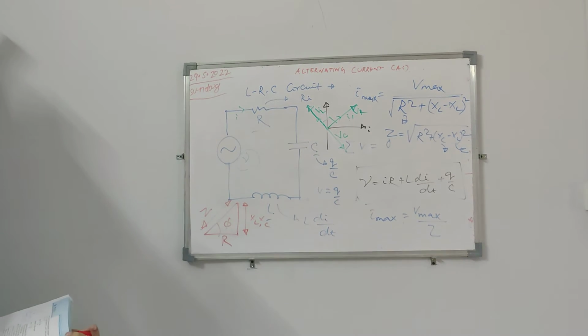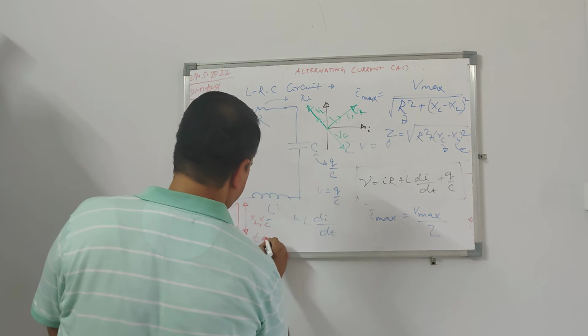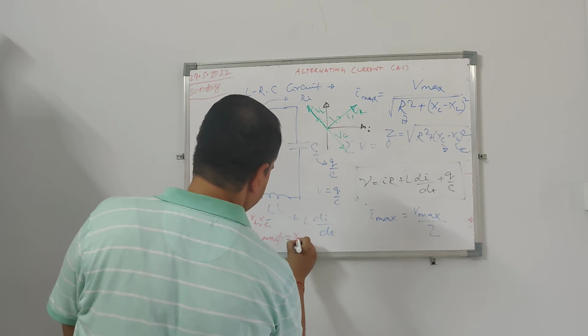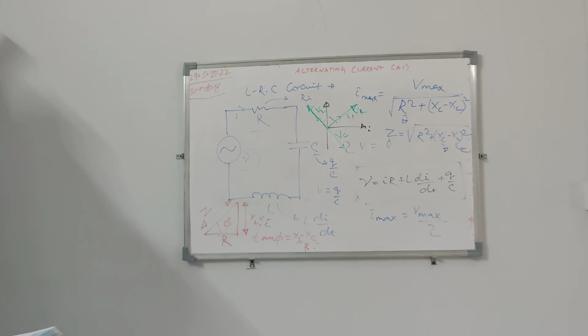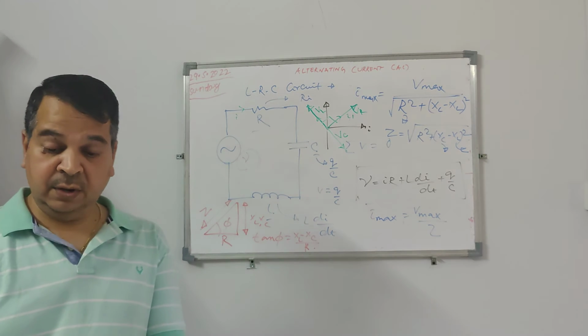Then tan phi is equal to XL minus XC by R. Just remember XL, XC, R are all in units of ohm. So this is the formula for your phase angle.